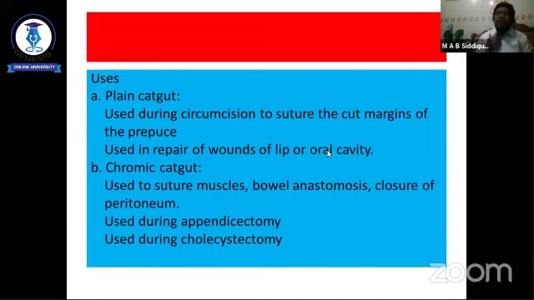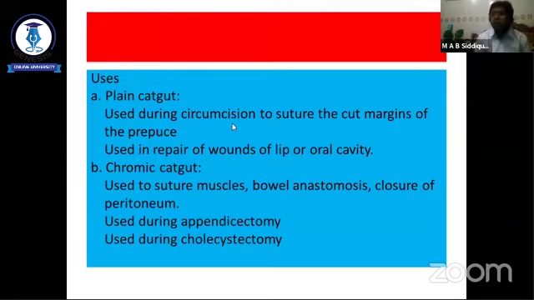Very important: plain catgut is absorbed more rapidly. If we treat it with chromic acid, the longevity of the catgut increases, and it is not suitable for circumcision, because if the suture material is retained for more than 7 days, that is very embarrassing and not suitable for the patient. It is also used in the lip and oral cavity.